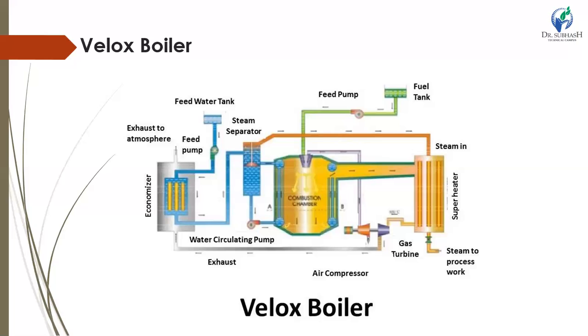and annular water tubes. Hot flue gases pass through the inside tube at supersonic velocity, while feed water flows through the annulus between the two tubes, as shown in the figure. As a result, heat is transferred from the flue gases to the water at a very high rate to generate a steam water mixture.